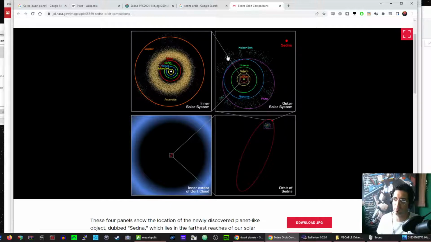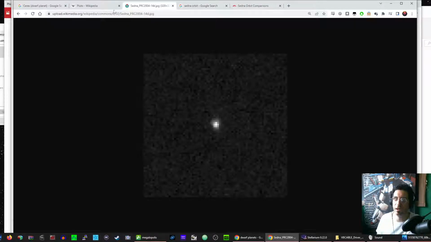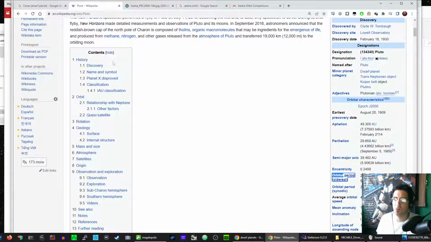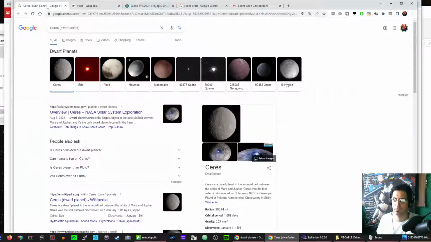And in this picture here with Pluto, Pluto is basically kissing the Kuiper Belt. Sedna is considered a Kuiper Belt object, I guess. I gotta do a little homework on this, but it is obscenely far away, and it is among a cadre of other objects that probably have more in common with asteroids than they do with planets.